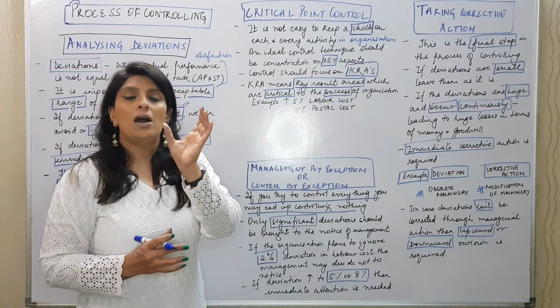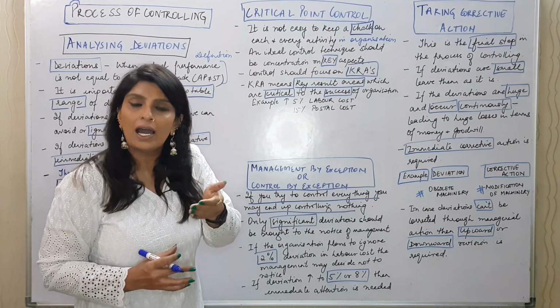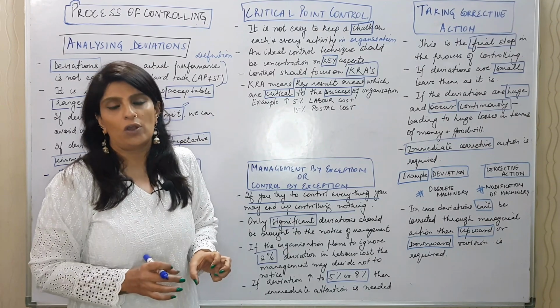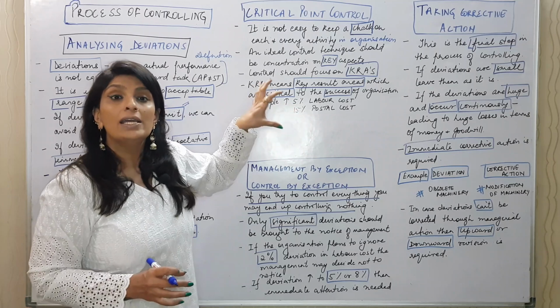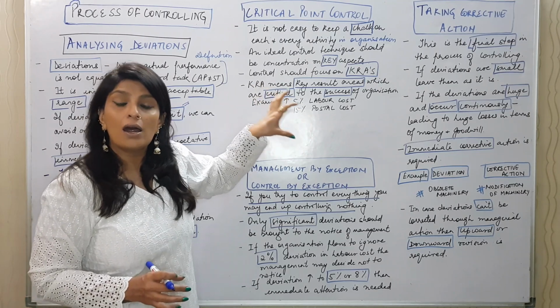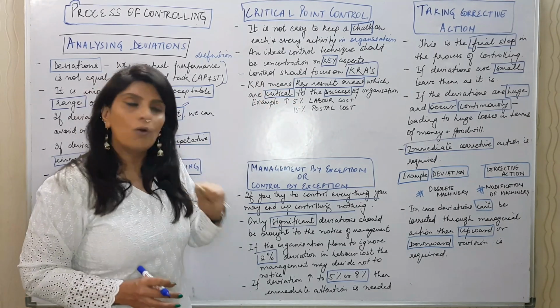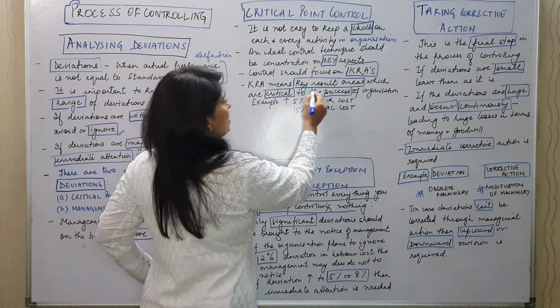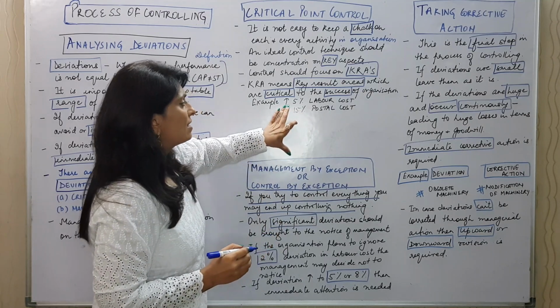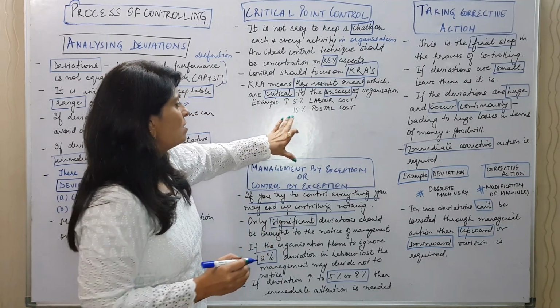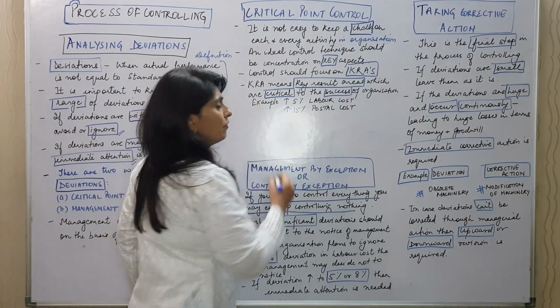That key work or key area is critical to the success of the organization. Like your keywords are important for the answer, key result areas are critical to the success of the organization. So KRA means key result areas, which are critical to the success of the organization, like for example an increase in labor cost by 5% and an increase in postal cost by 15%.